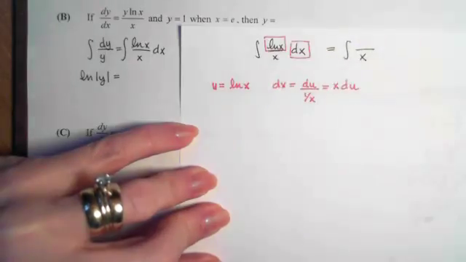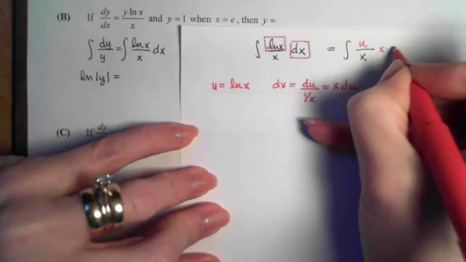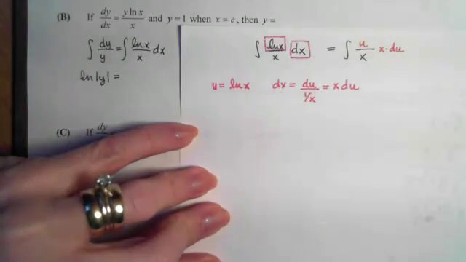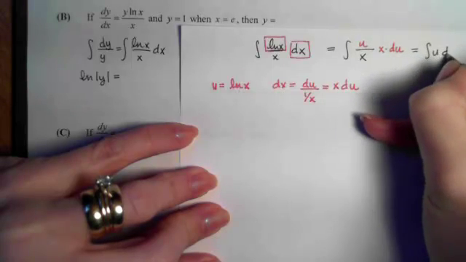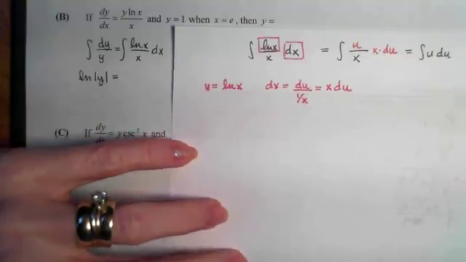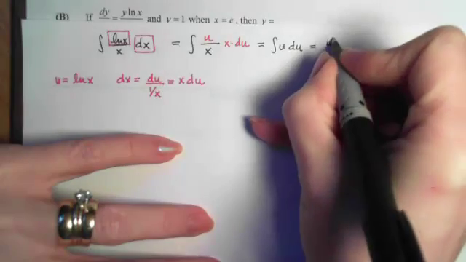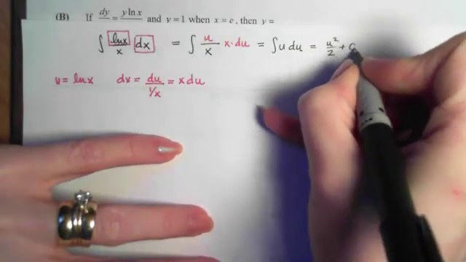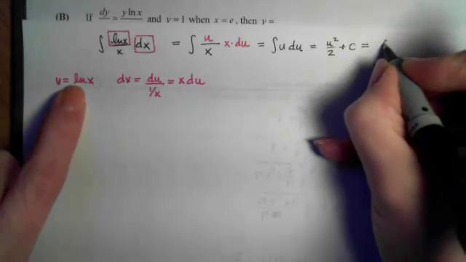this, leaving everything the same except for the boxes. And when we do that, we end up with just a u du, whose antiderivative is going to be a u squared over 2 plus some constant, and then we can put our u, which was log natural of x, back in.